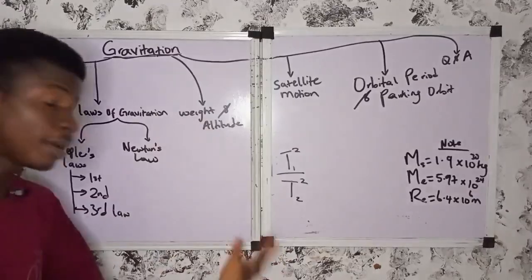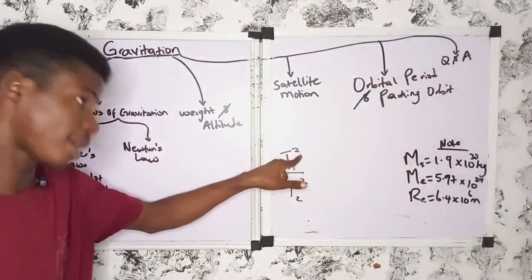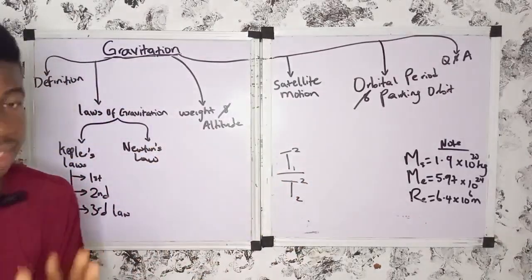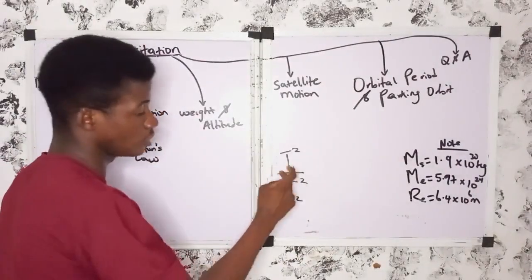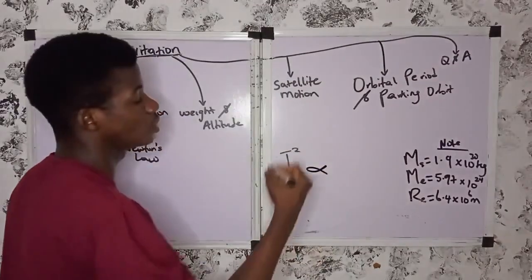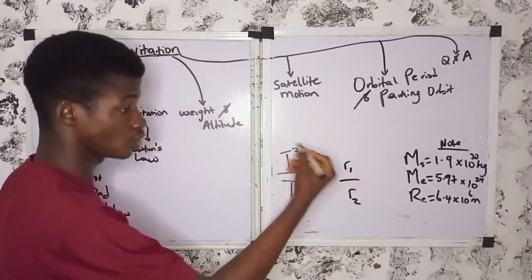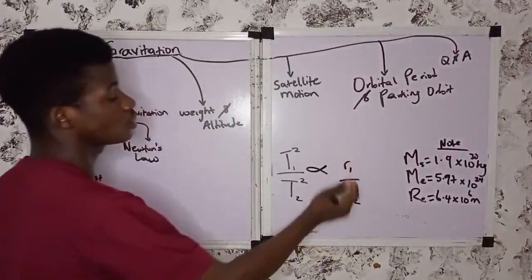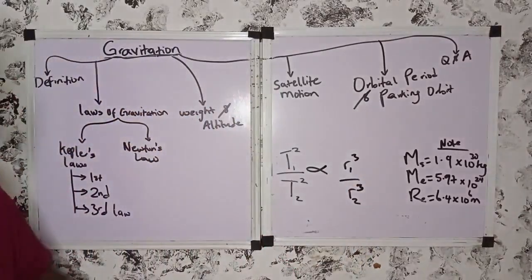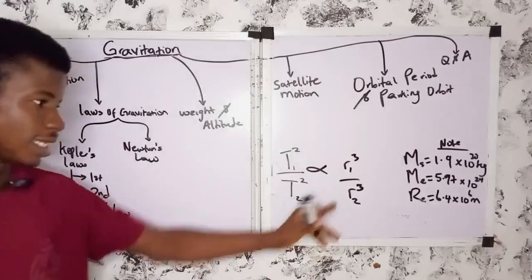Kepler's third law states that the ratio of the square of the period of planets is proportional to the ratio of the cube of their distance from the sun. That is just it.